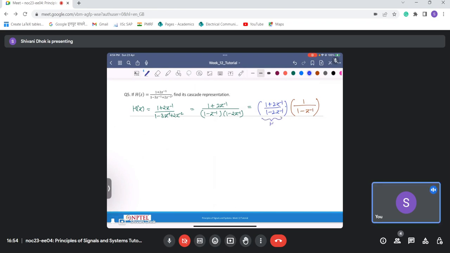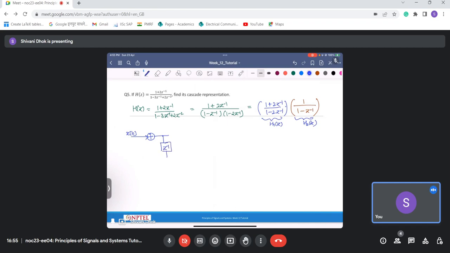So let's say this is H1 of z and this is H2 of z. We'll construct H1 of z using direct form 2 because it was giving me the benefit of having fewer delay elements. So what we have here is xn. Now I'll have an adder block here, a delay unit, z inverse.